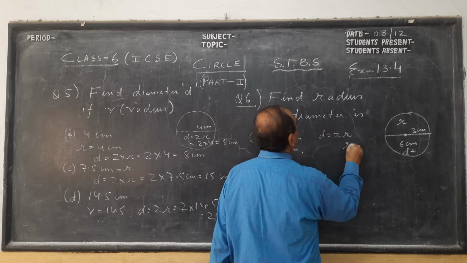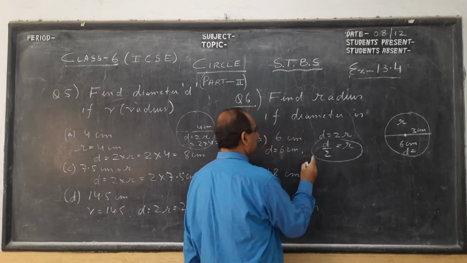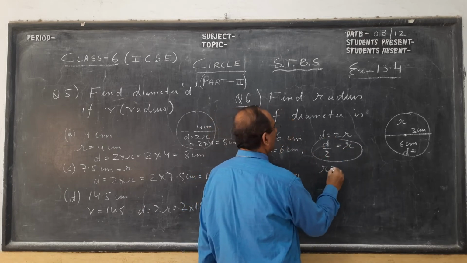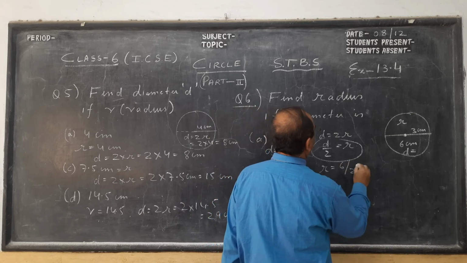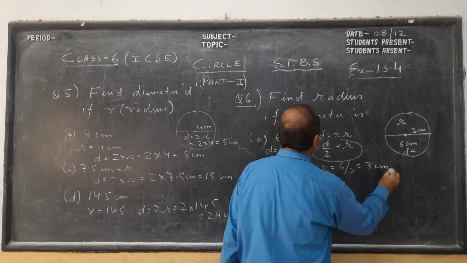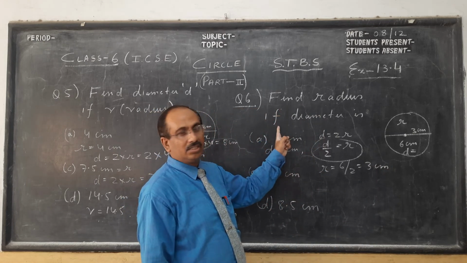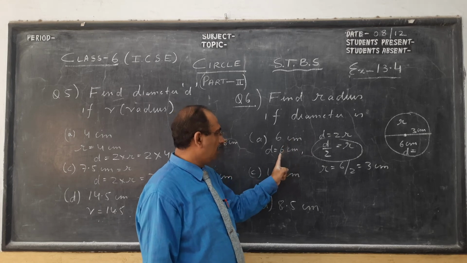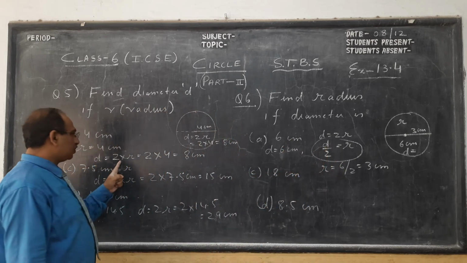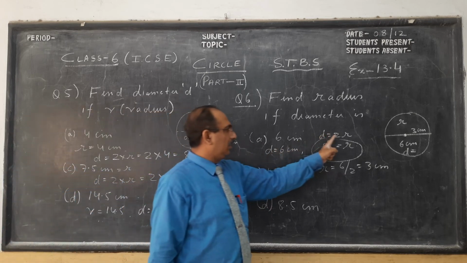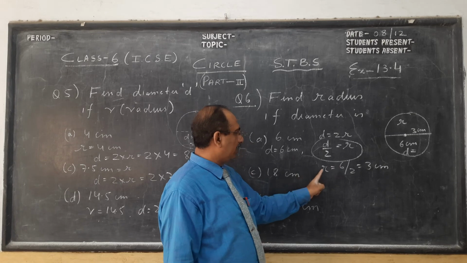So R is D by 2. Radius is diameter by 2. So here we get 6 by 2, this is 3 centimeter. Once more, diameter is given, find the radius if diameter is 6. Remember, radius is half of diameter. D is 2R, so R is D by 2. So we get radius as 3.